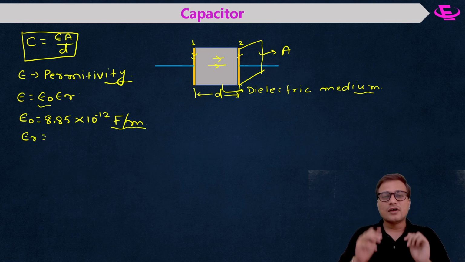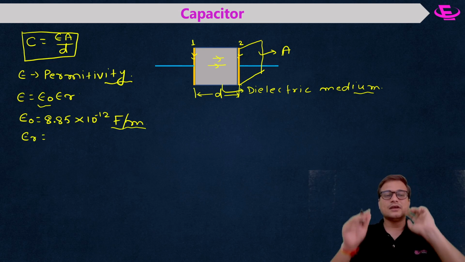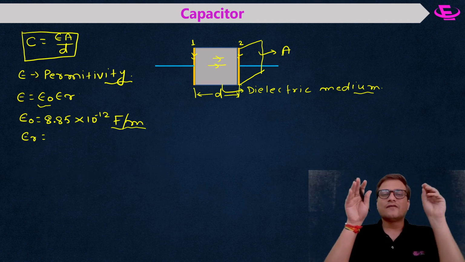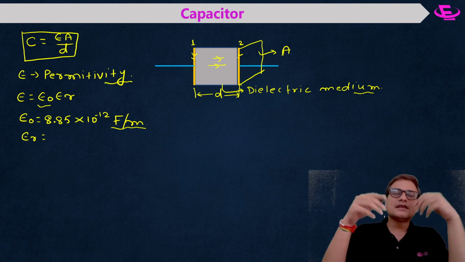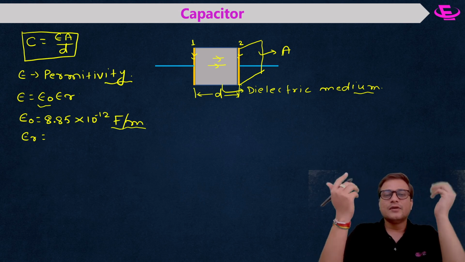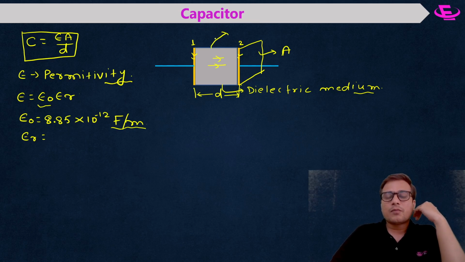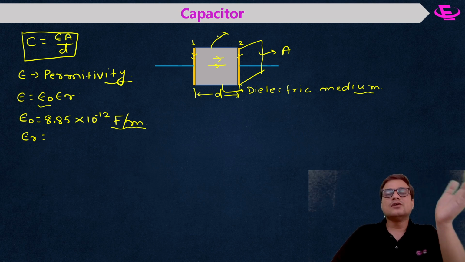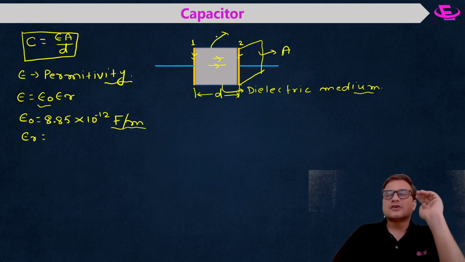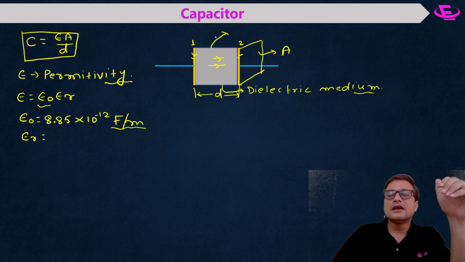What is the meaning of relative permittivity? Since everybody knows the value of permittivity of free space, now somebody is saying that you have some different dielectric medium. Now they want to tell you the value of permittivity. So instead of telling you the value of permittivity, they will tell you that it is 5 times or 10 times, 20 times greater than the permittivity of free space.